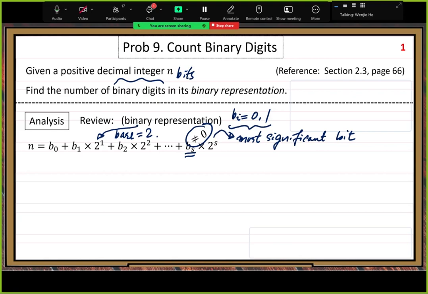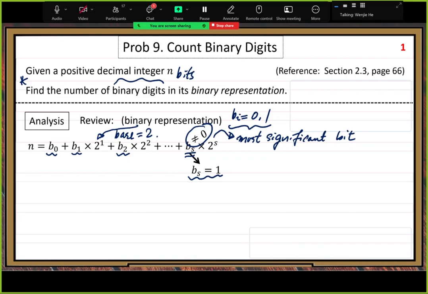So after we assume b sub S equals 1, our goal is to find the number of binary digits, bits, in its binary representation. Then we just count the number of b coefficients, right?